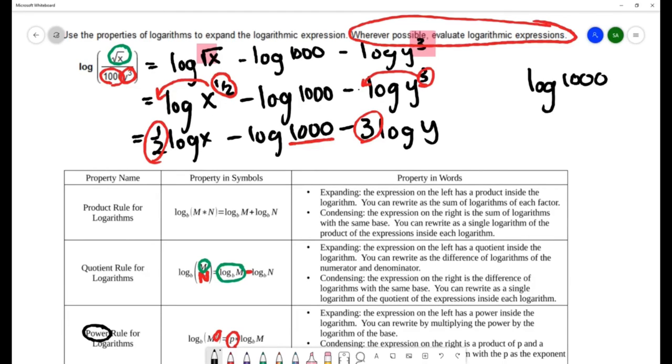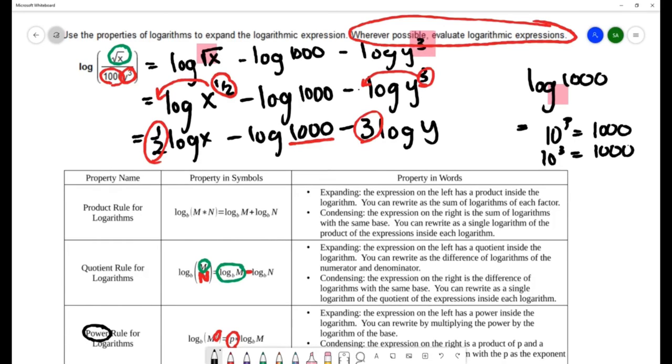And the exponent is, we're thinking, what is the base of this log? The base is 10. We know it to be 10 because no base was written. 10 to some power is going to equal what's inside the logarithm, 1000. And 10 to the third power is 1000.